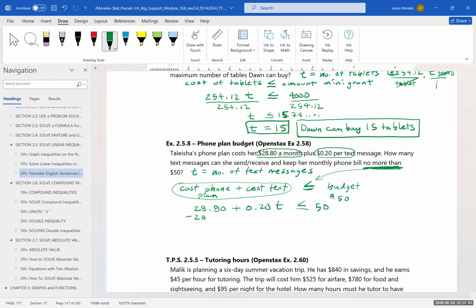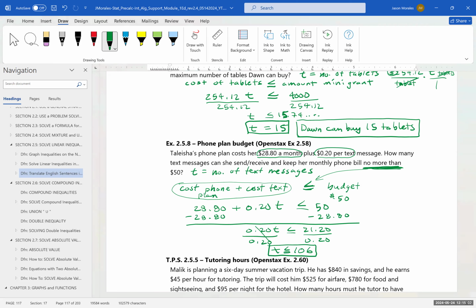So now we can just go ahead and solve this. $50 minus $28.80 is $21.20. Divide both sides by 0.20, and the number of text messages has to be less than or equal to 106.